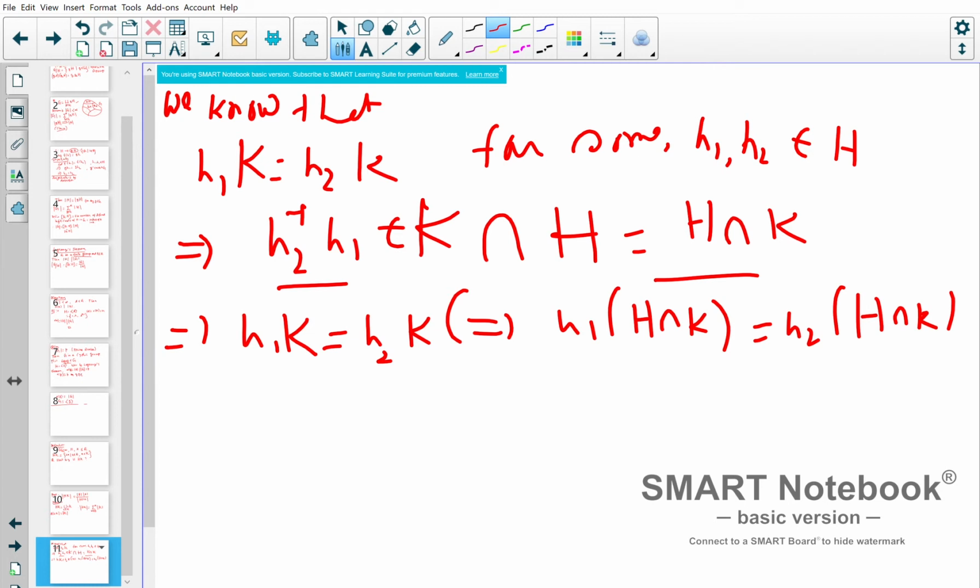So the number of distinct cosets of K inside H. So we need to find out the number of cosets.